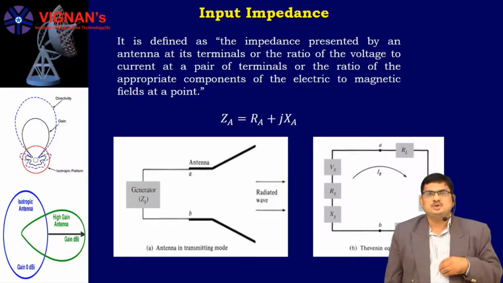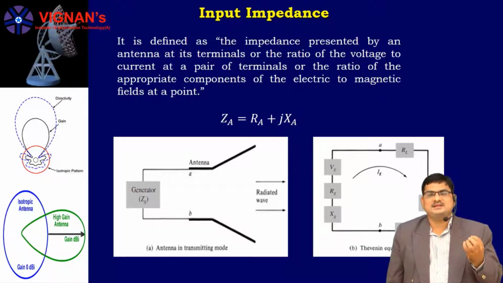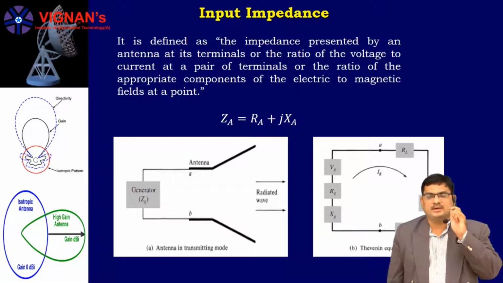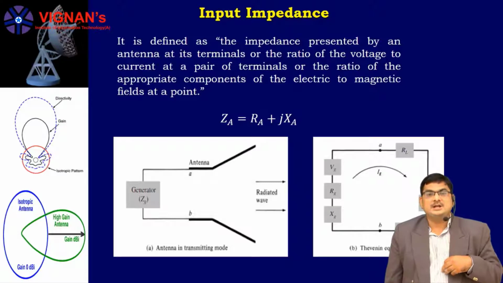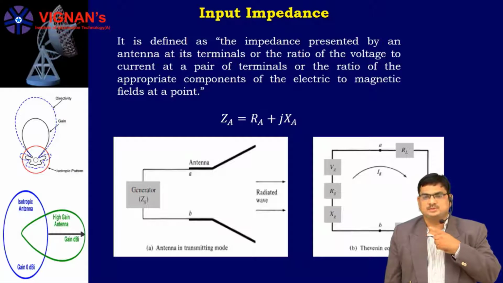Suppose here you see, we are applying an RF voltage to the generator. From that generator, voltage is induced in the transmission line, and due to this induced voltage, there will be a current distribution in that transmission line. After the current is distributed throughout the wire, the power is dissipated in the free space.